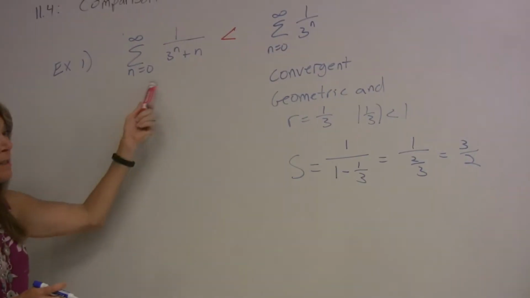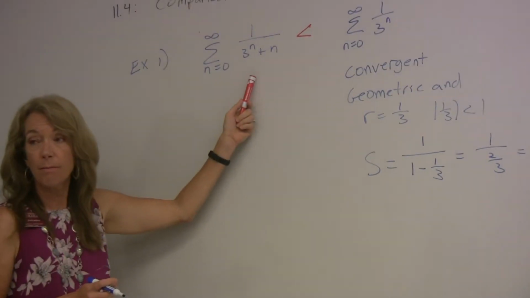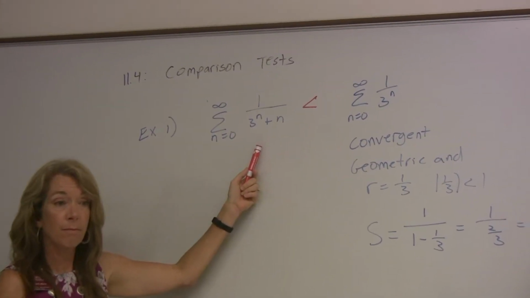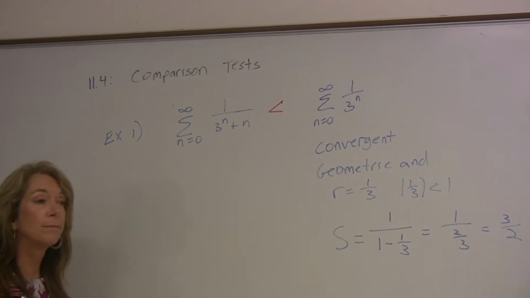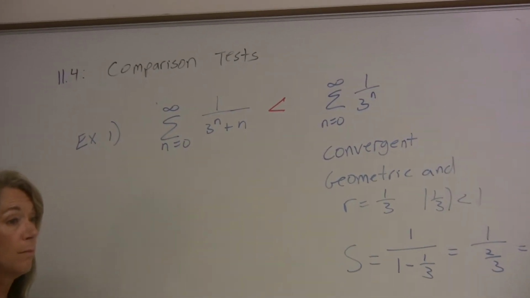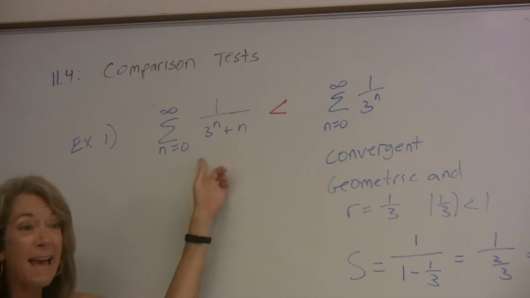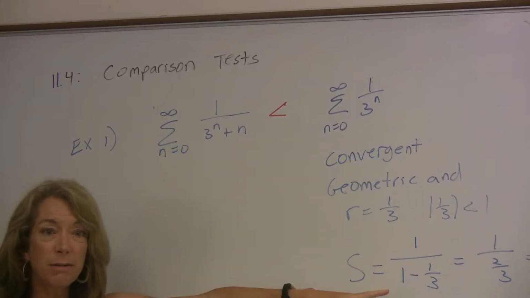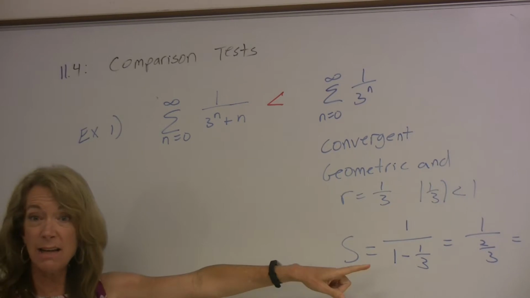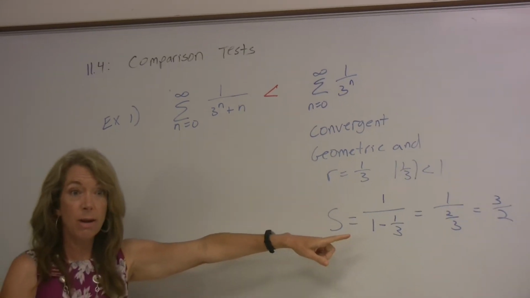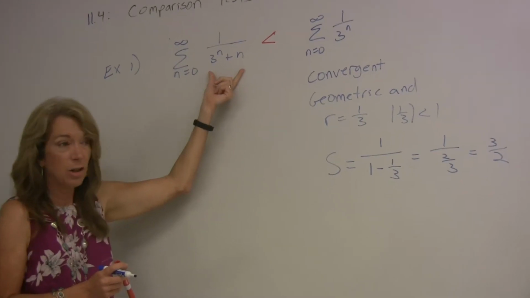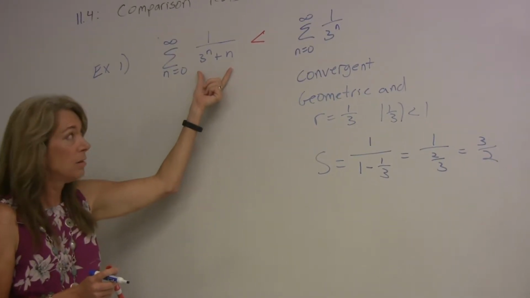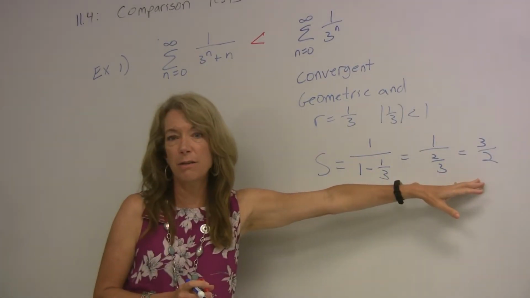What can you tell about this series then? It is also convergent. Why? Well, by comparison, it's got to be less than 3/2. Yeah, when I add these all up, it's going to be less than 3/2. Is that infinity? There's no way, right? These are all positive. You're going to add a bunch of positive numbers and get an answer that's less than 3/2.